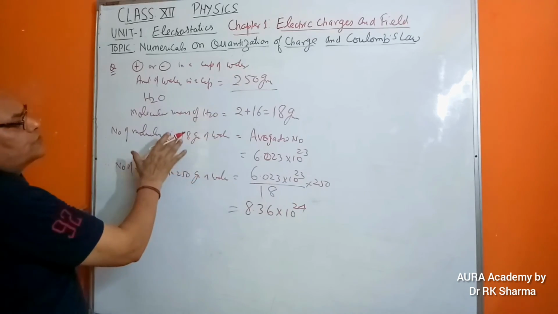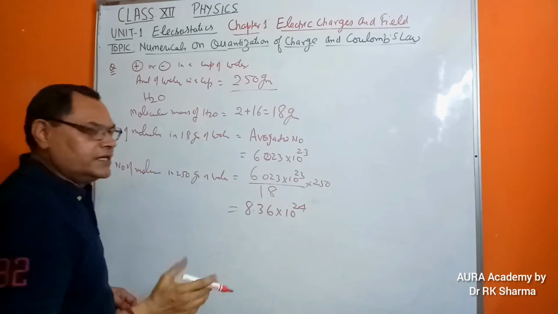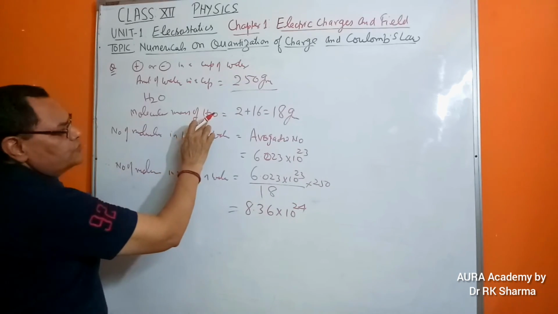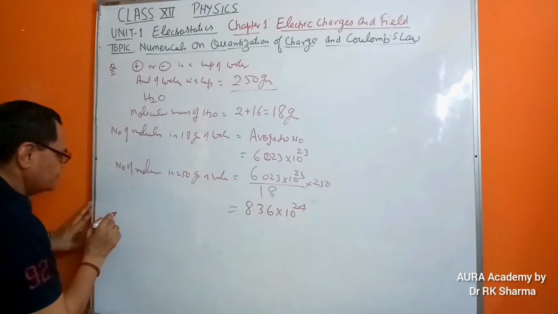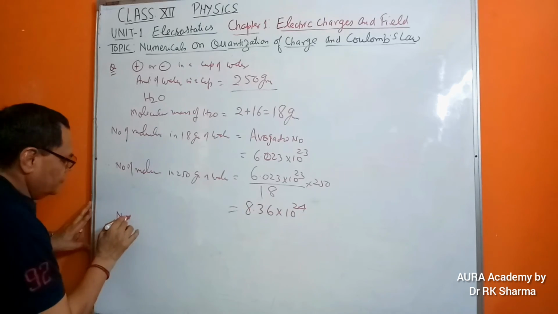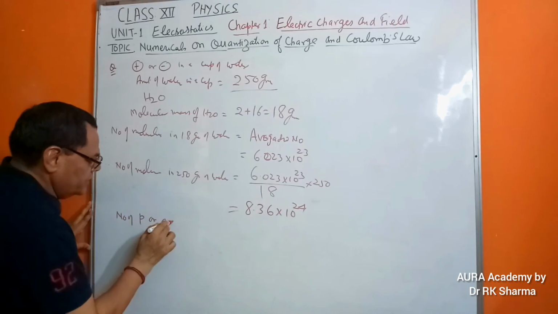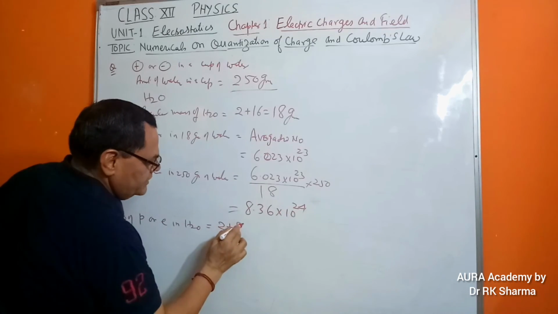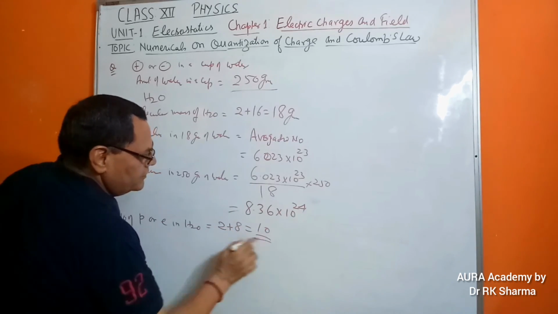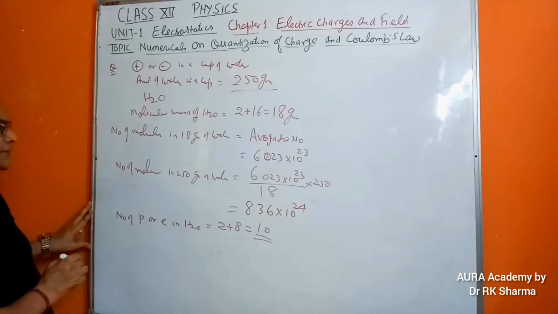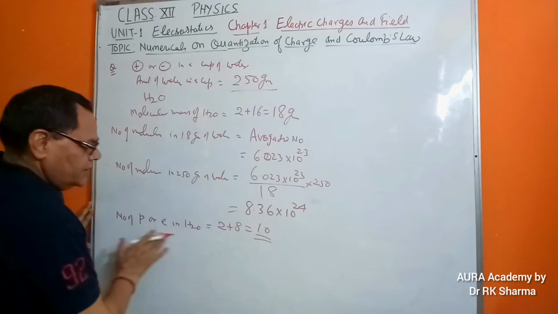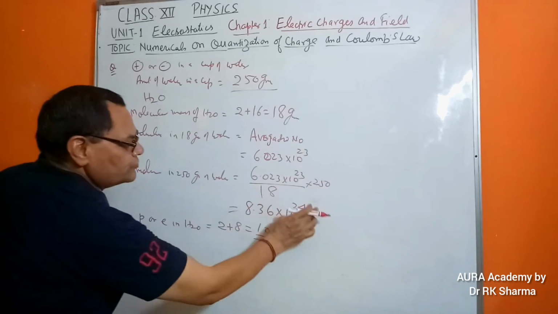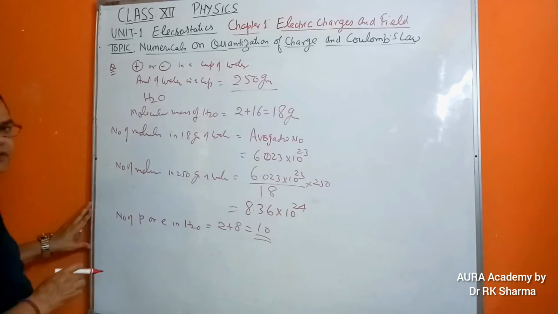Now how many protons and electrons does water possess? You will see that 2 are in hydrogen and 8 in oxygen. So the number of either protons or electrons in a water molecule is 2 plus 8, that is 10. So how many protons or electrons will be there in these number of molecules?